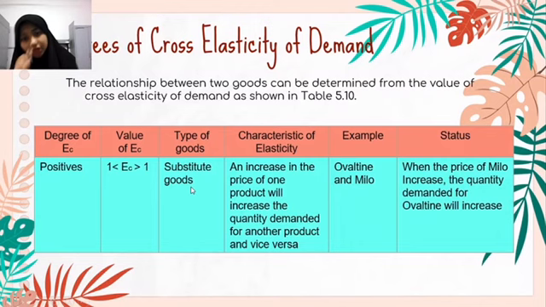The characteristic is that an increase in the price of one product will increase the quantity demanded for another product and vice versa. An example is Ovaltine and Milo. When the price of Milo increases, the quantity demanded for Ovaltine will increase.